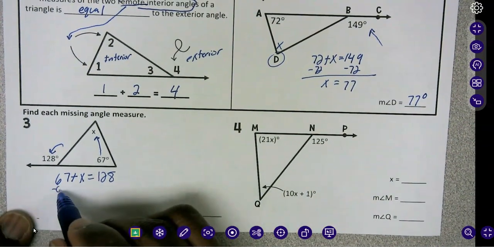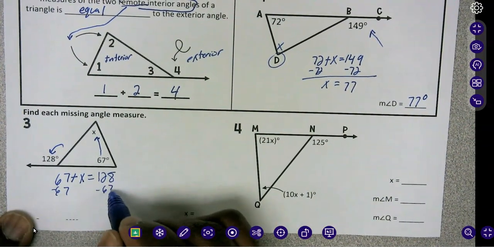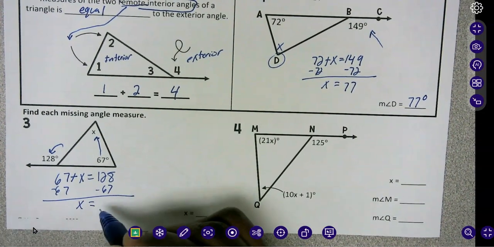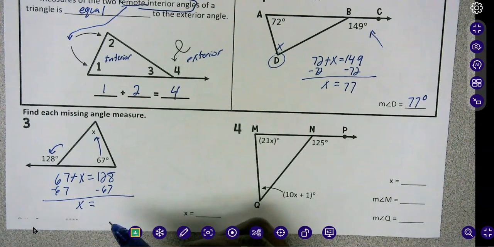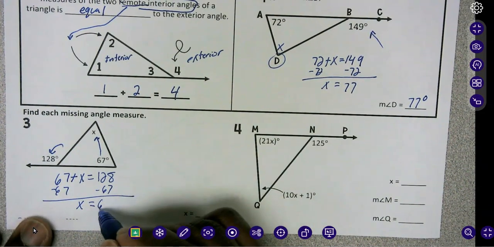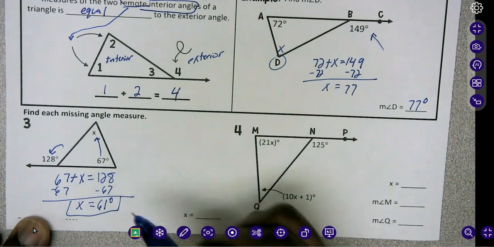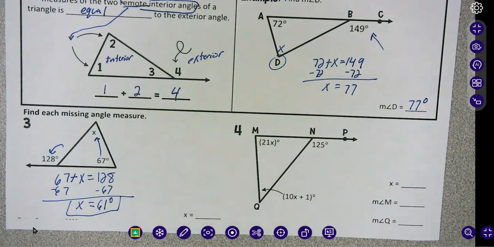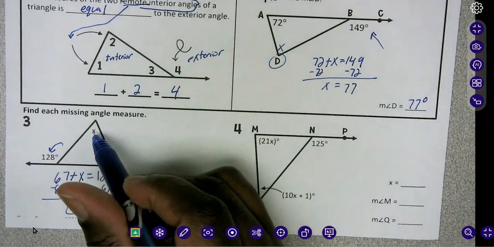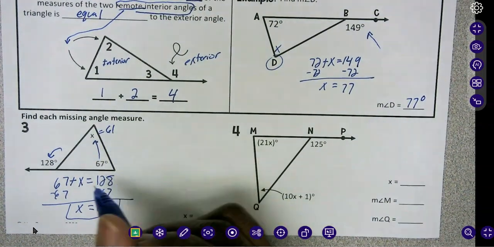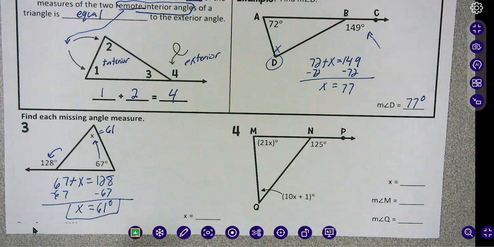How do I solve for X? I subtract both sides by 67. 128 minus 67 equals 61. So this angle right here is 61 degrees. So I should be able to put 61 in right here, and that equals 128.